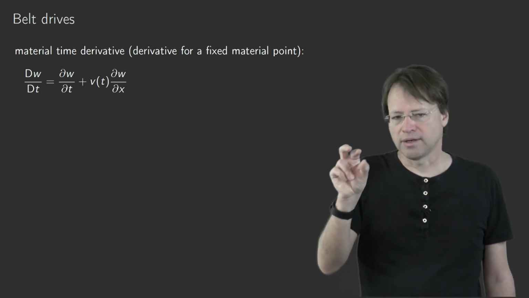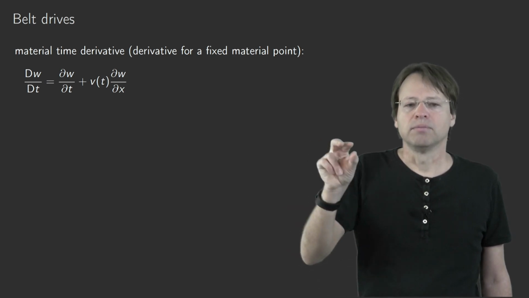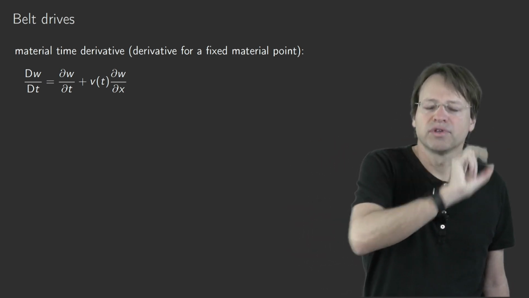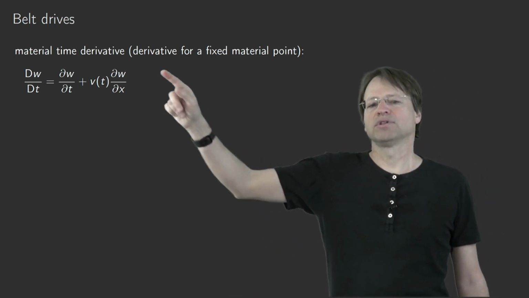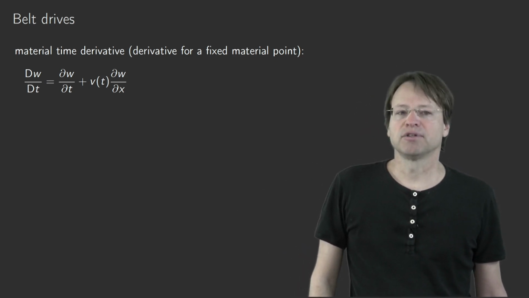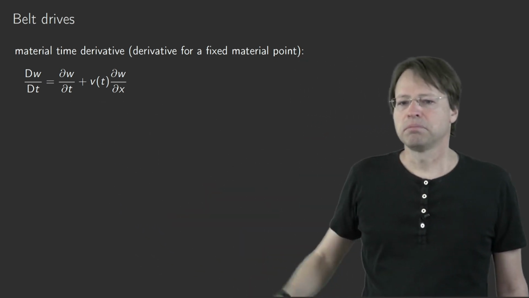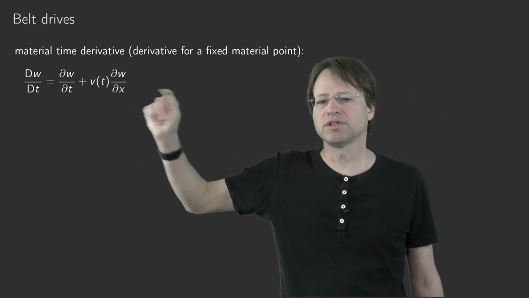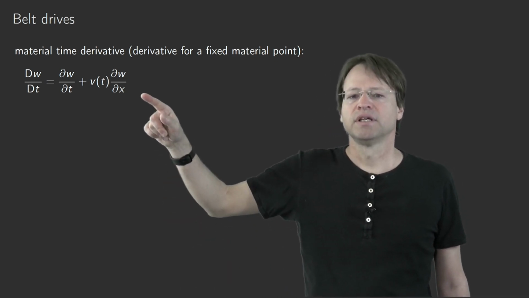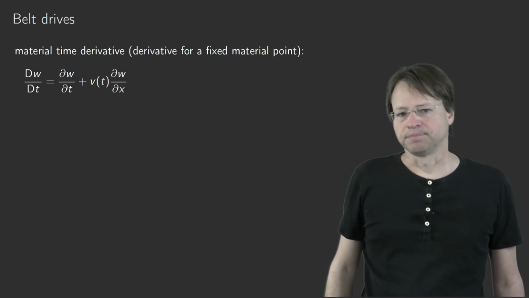So if we look at our little volume, then as the belt moves, our little volume element would move with the belt, and therefore we have to take the material time derivative here. The material time derivative is composed of the partial time derivative plus the velocity of the belt times dv by dx, because we're considering only the x direction here.